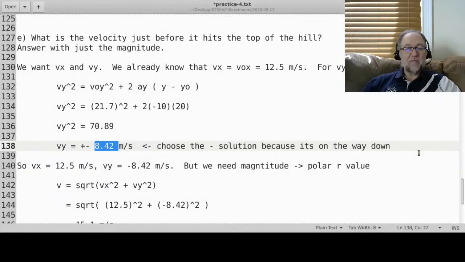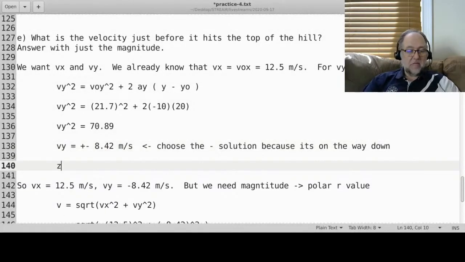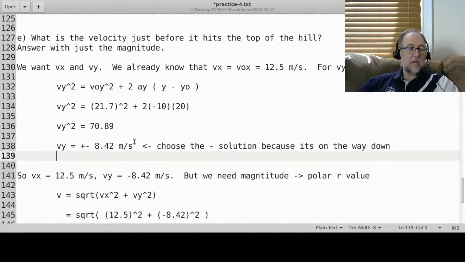Remember that when you have something like z squared equal to 4, there are two possible solutions. Z could be equal to 2, but z could also be equal to -2, because -2 times -2 is also 4. So here, vy is equal to plus or minus 8.42, because there are two possible solutions when you take that square root. Both of them, when you square them, will give you the 70.89.